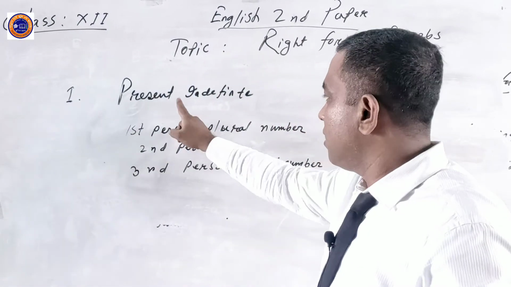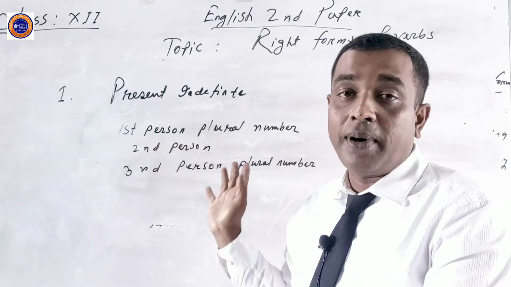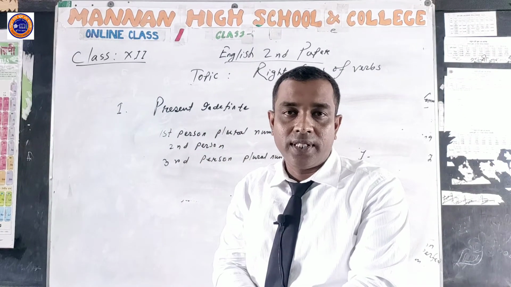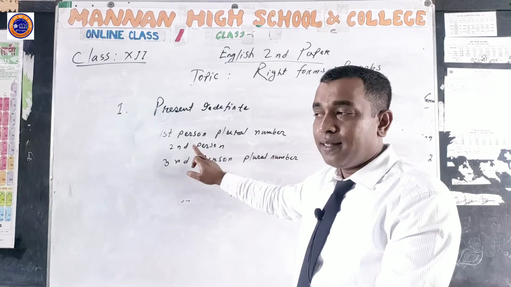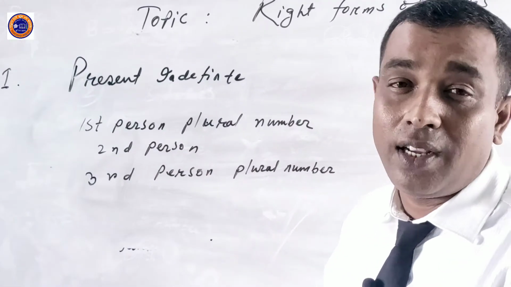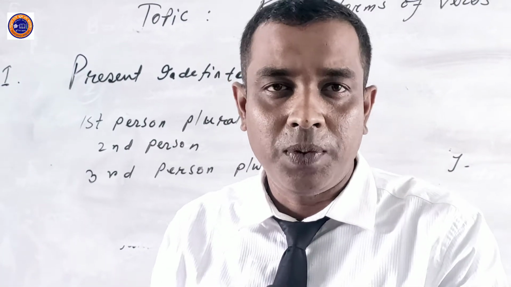You have to have a look at the subject of the sentence. If the subject is first person, second person, or third person plural number, then you don't need to use any s or es form. You have to use the base form.